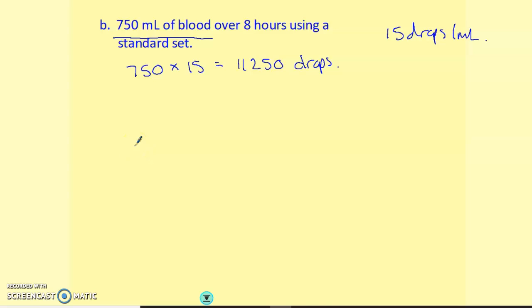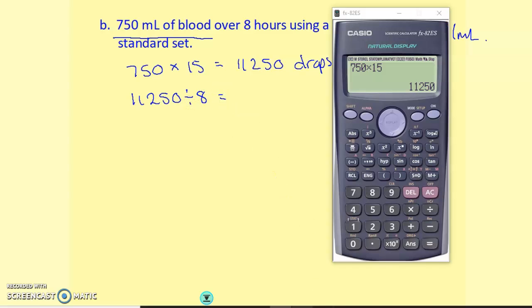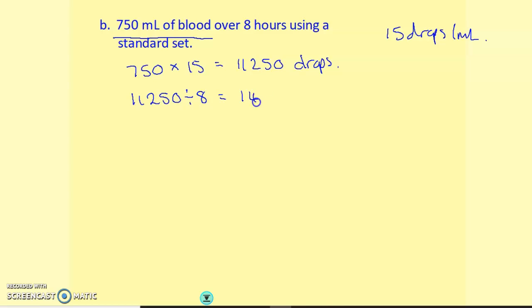I want to know what it's going to be per minute. So I'm going to divide it by 8 to get what it is per hour. 1,406.25. That's each hour.